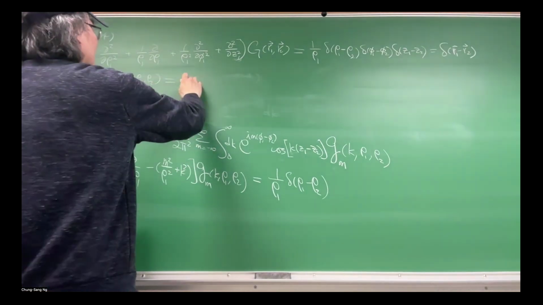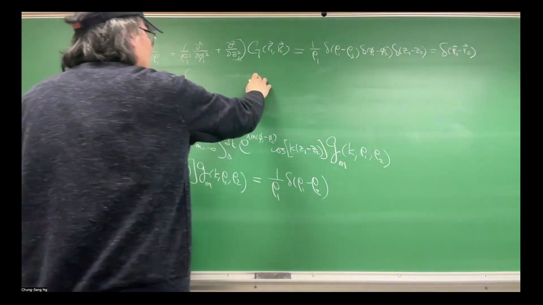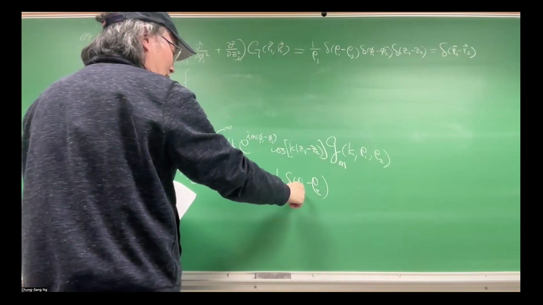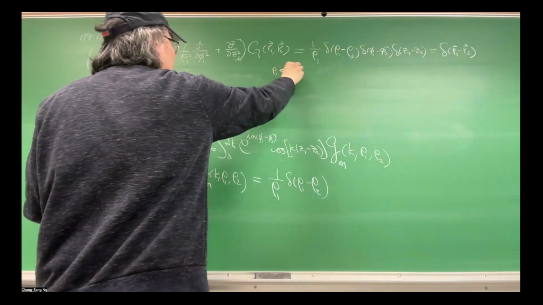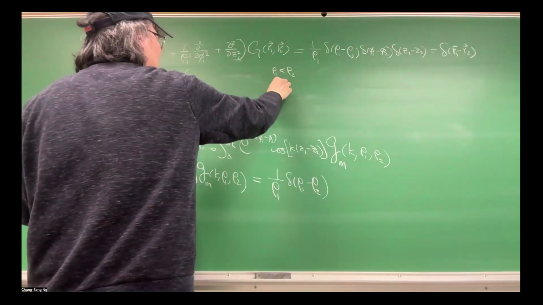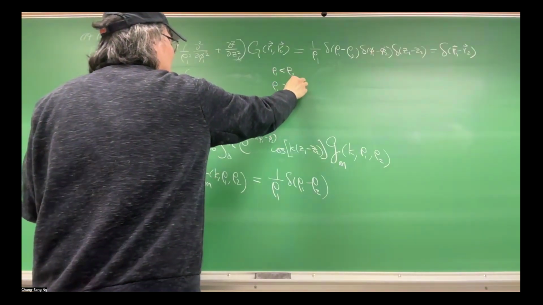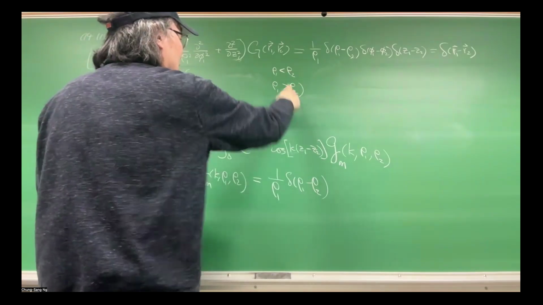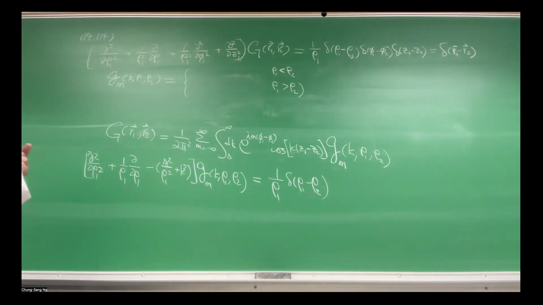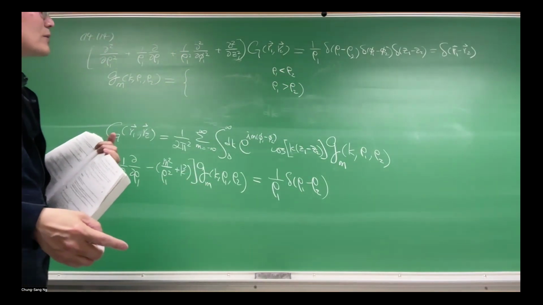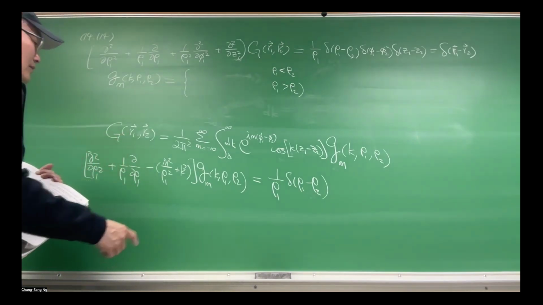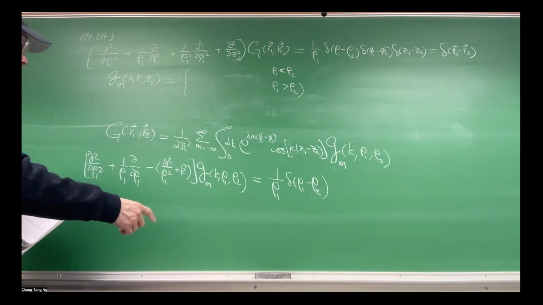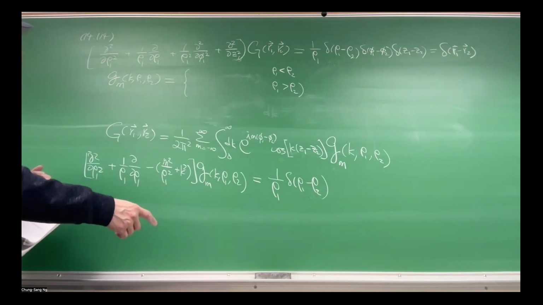There are two cases. One is rho 1 less than rho 2. The other is the opposite, rho 1 greater than rho 2. So for both cases, the two are not equal, so the right hand side is 0. So the solution for rho 1 is a modified Bessel function.